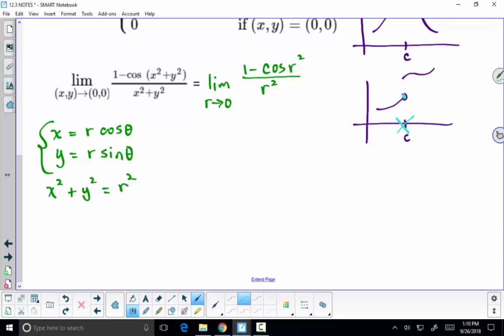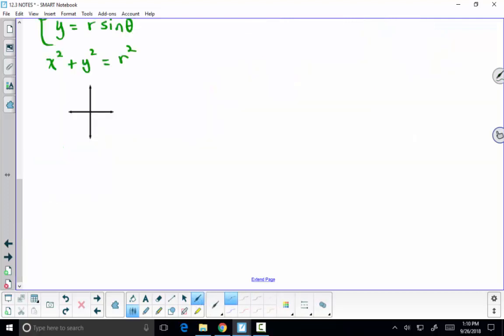The limit at the origin can be converted to this because if you imagine polar coordinates and you imagine the origin, isn't it true that if x and y are an ordered pair in the plane, and if you force r to be going to 0, doesn't that imply automatically that x must be going to 0 and y must be going to 0?